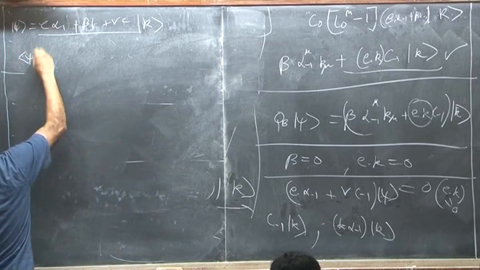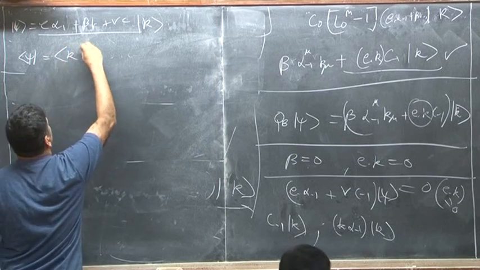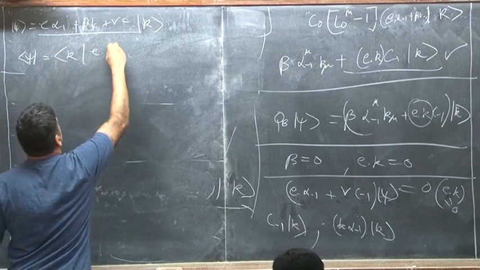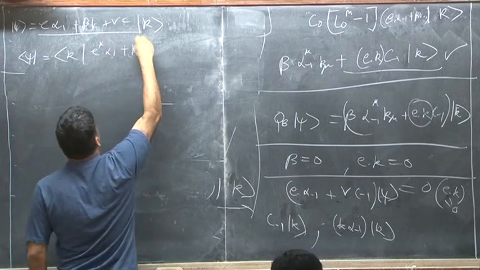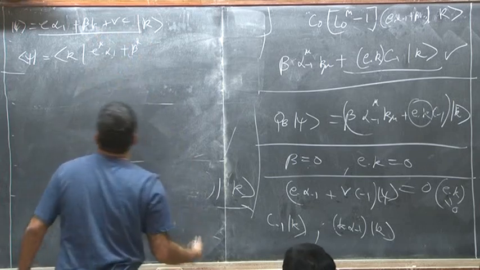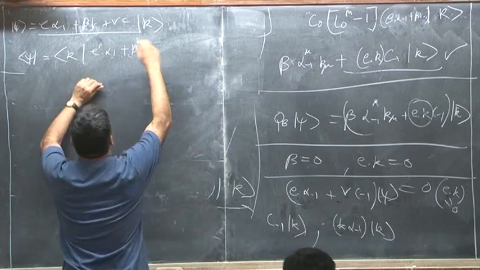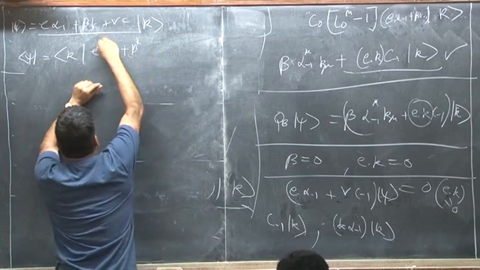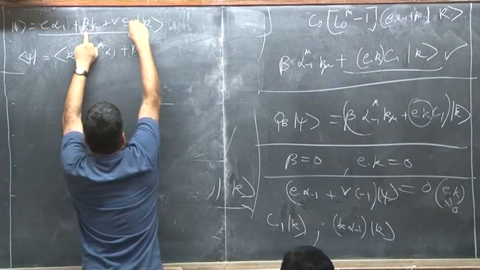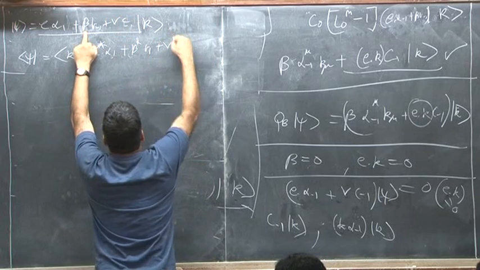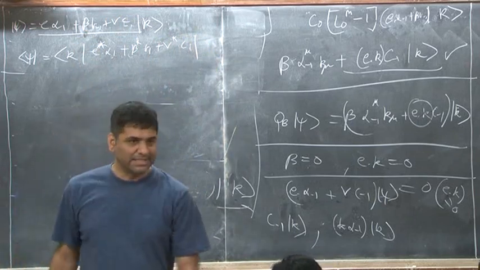Well, so this psi is equal to k with E dot alpha 1 plus E star, beta star B1 plus gamma star. That's clear?